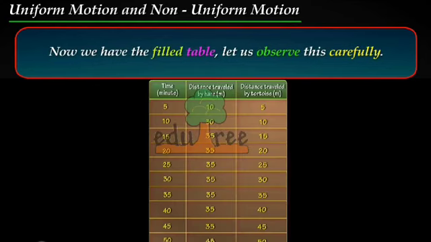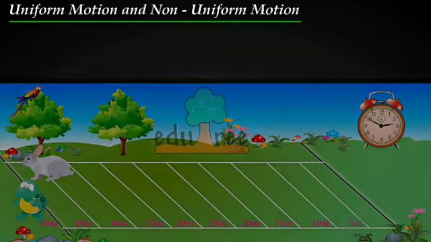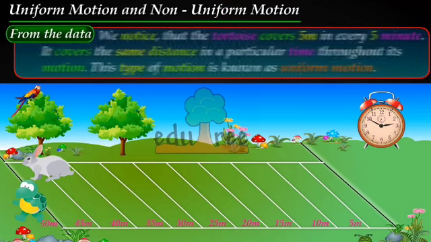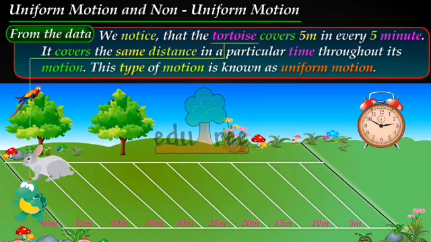Now we have the first table. Let us observe this carefully. From the data, we notice that the tortoise covers 5 meters in every 5 minutes. It covers the same distance in a particular time throughout its motion.